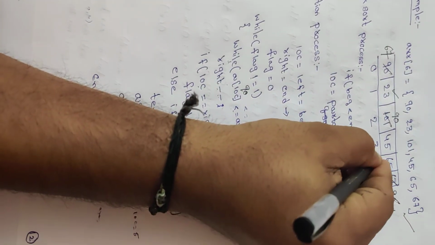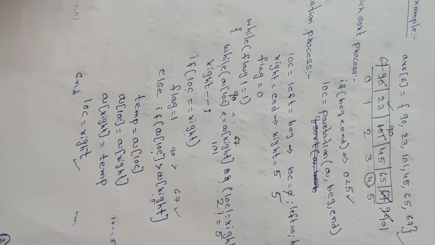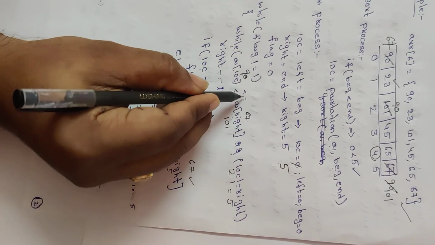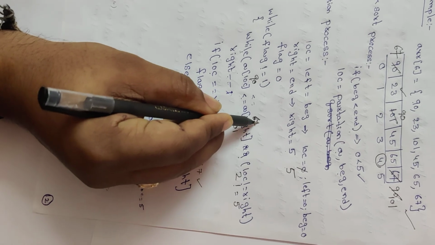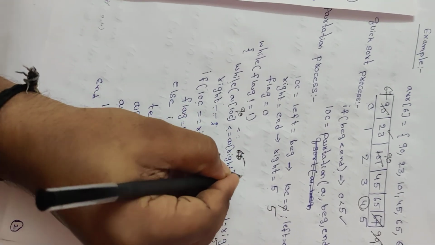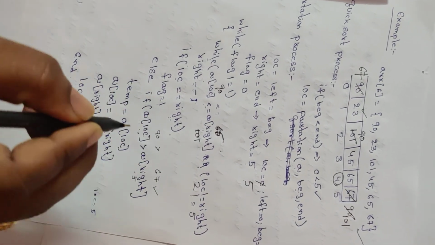Now we take this fourth index. We check a of location value: 90 less than or equals to 65, not 101, 65. Condition false.